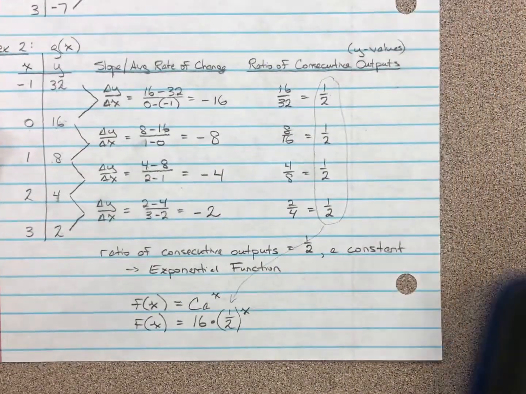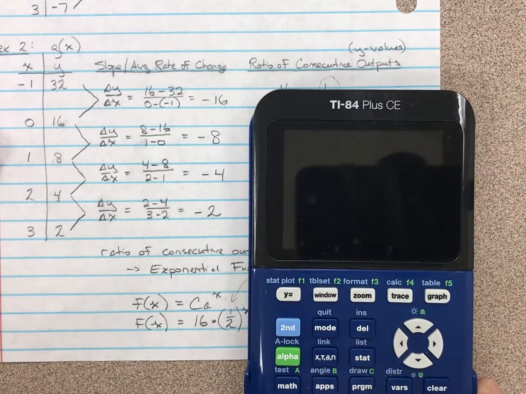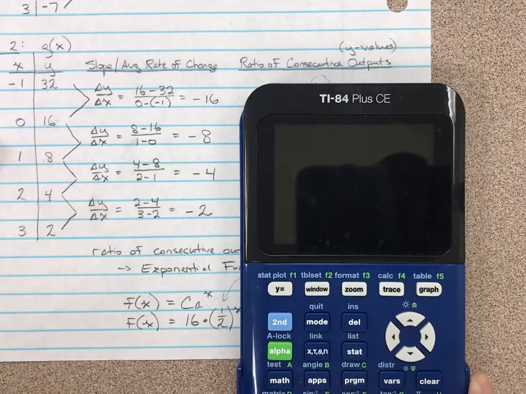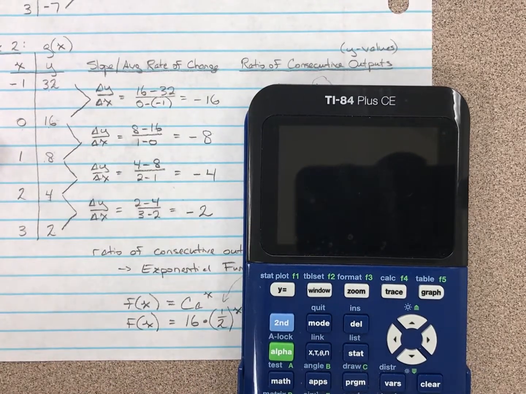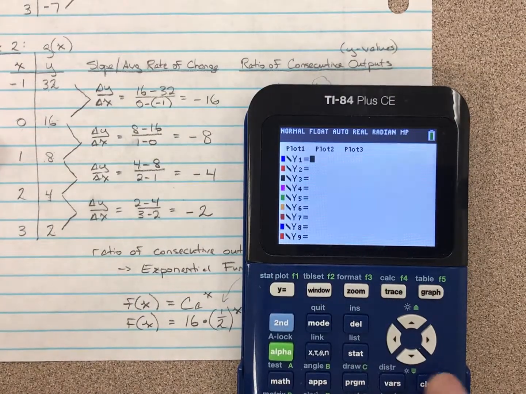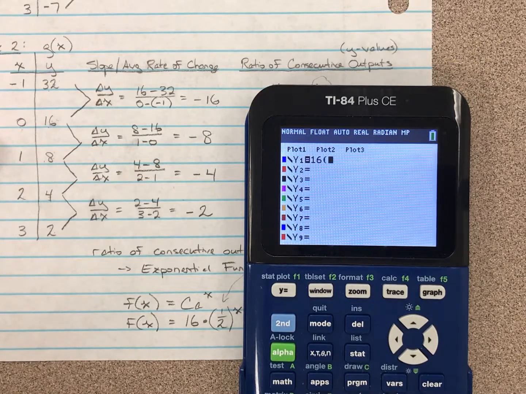I'll slide this over and get my calculator in here, because I want to look at this function and make sure it lines up with our table of values. So I'll go back to y equals. I'll clear out the linear function that was in there, and I'll do 16. You can write it this way if you want.